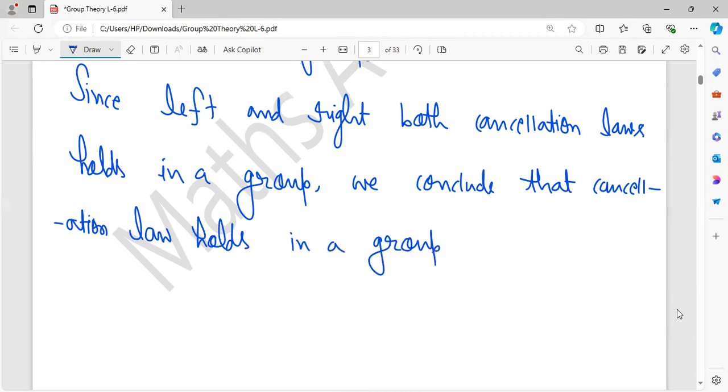Cancellation law means we are commonly writing it; it includes left and right both.